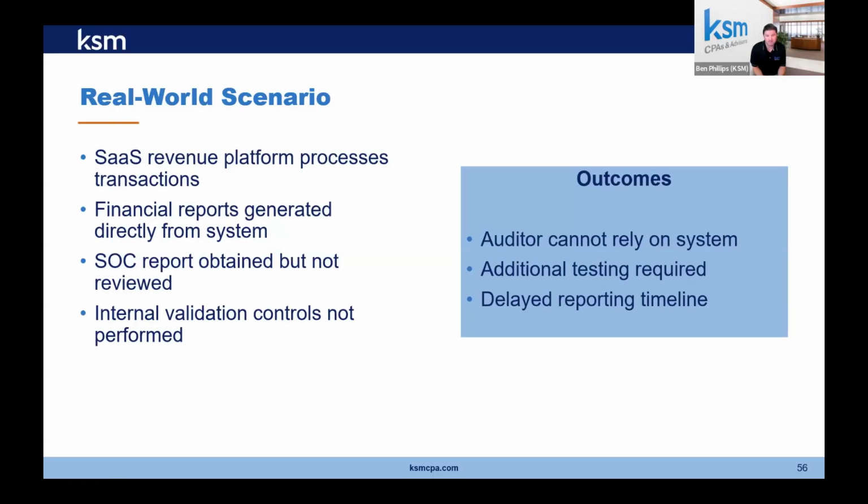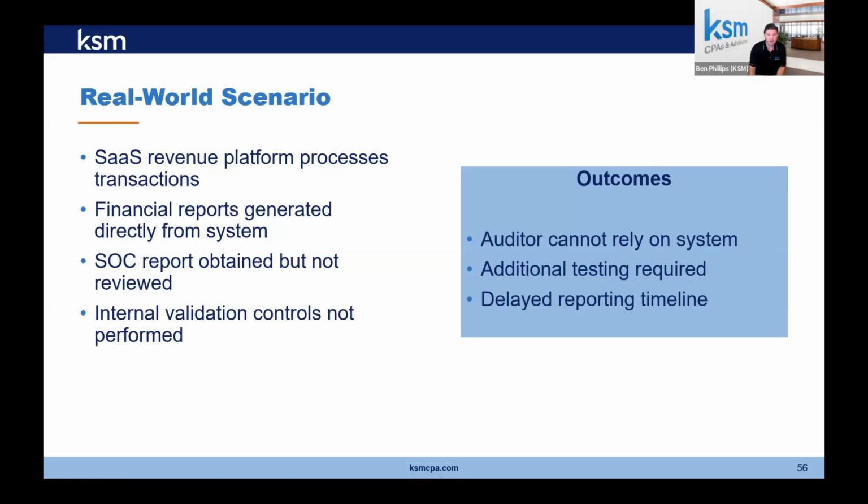No one validates whether the report covers a substantial part of the audit period, whether the controls are relevant, whether the scope was relevant, whether there were exceptions, or whether the organization performed its required user entity controls.